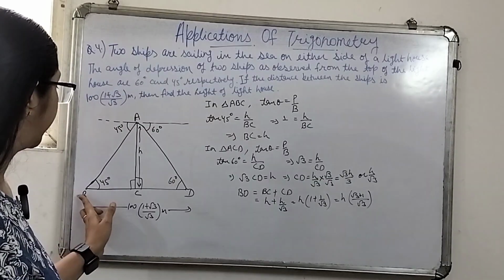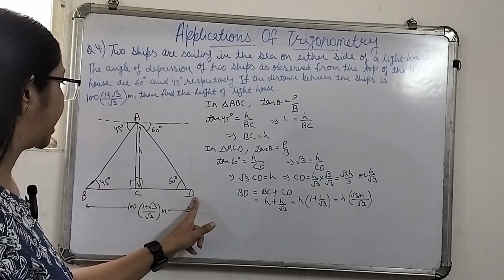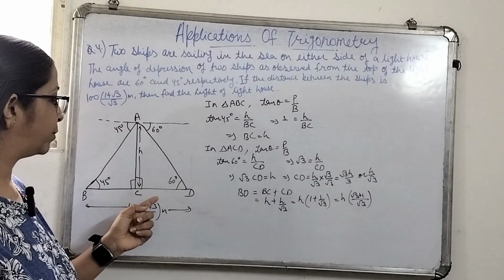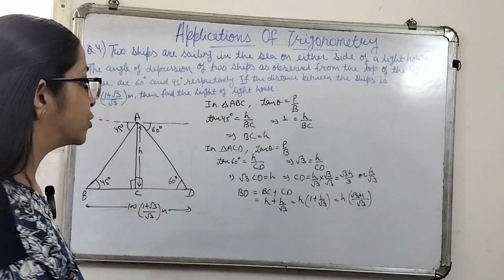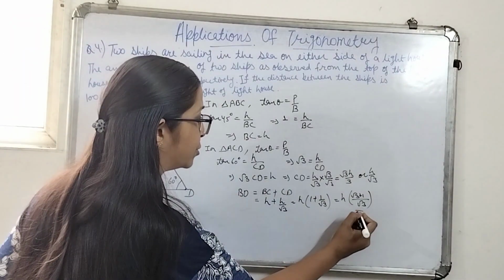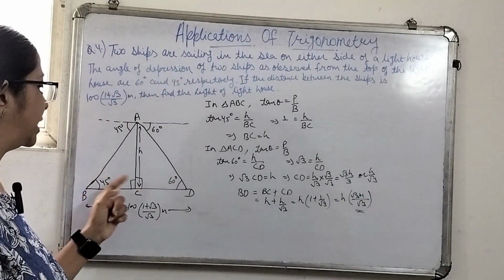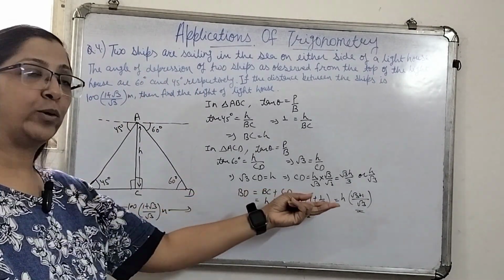And we know that the length of BD, the distance between B and D, is 100 multiplied by (1 plus root 3) over root 3. It is already given to you in the question. So the value of BD is this also, and the value of BD is this also. So we can equate both of them.